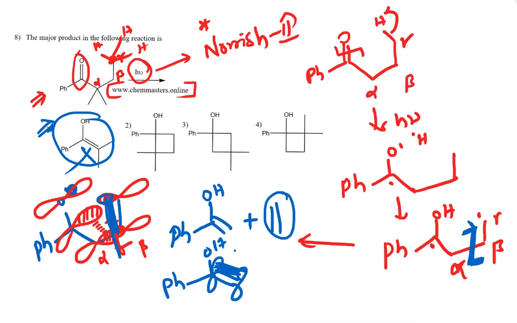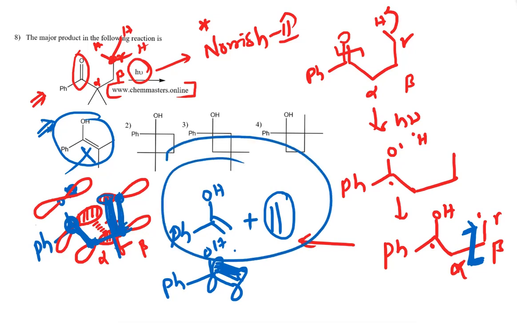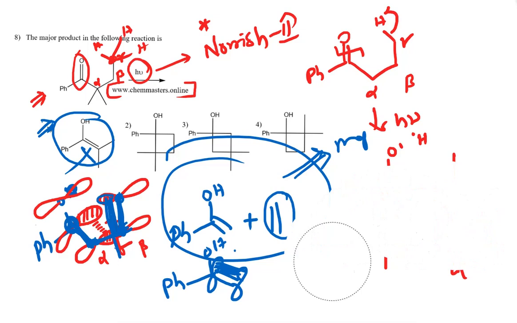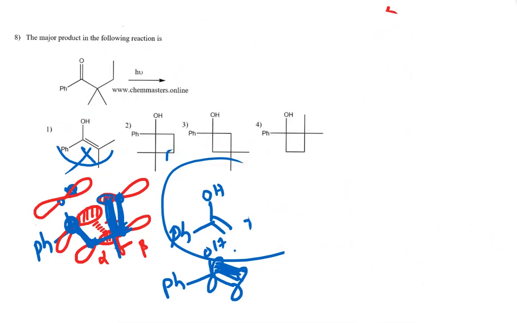And this only happens whenever all these carbons, that is the carbonyl carbon, alpha, beta and gamma, are on the same plane; then it produces these products as major products. But whenever the alpha carbon has bulky substituents, here we have C double bond O and two methyl groups in the reactant.